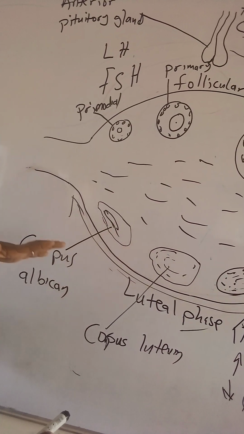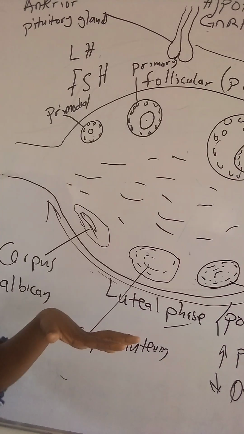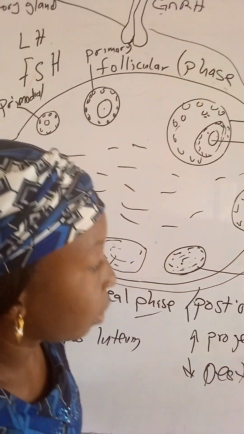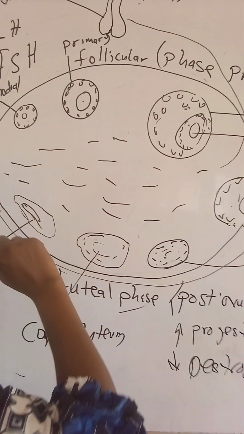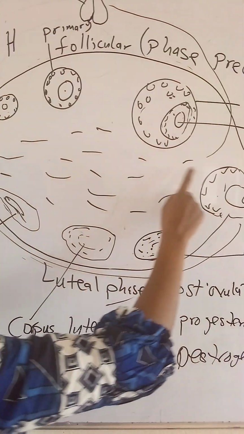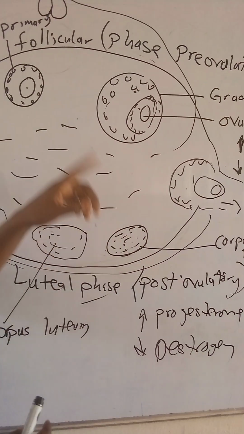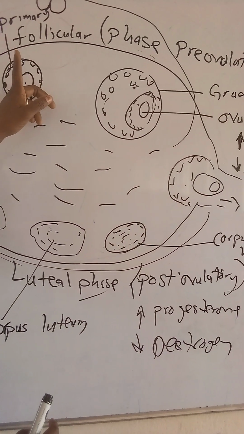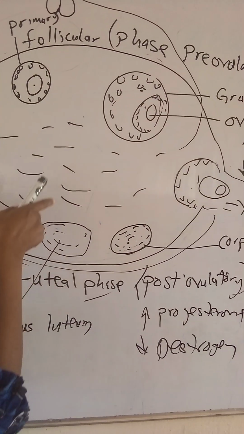Okay, let's look at the hormonal changes that influence the menstrual cycle. Looking at the ovarian cycle, we said once the level of estrogen has reached its peak, a message is sent to the hypothalamus, and then the level of the follicle stimulating hormone will drop.